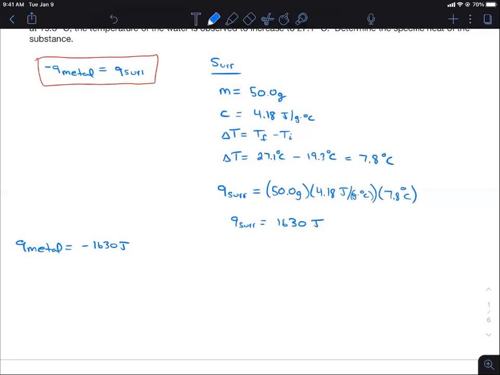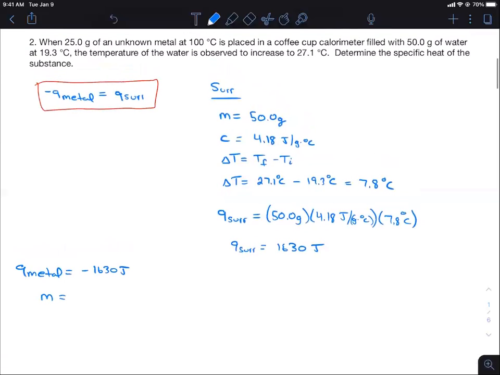So it's the same magnitude but opposite sign. Now the mass of the metal from the problem was 25.0 grams. The heat capacity of the metal is our unknown. That's what we're trying to find.